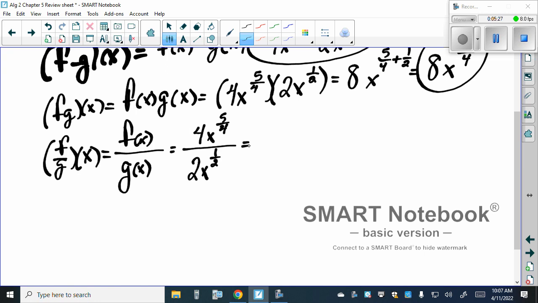Now at this point, we can simplify. 4 divided by 2 is 2. And when we have like bases being divided, we subtract the exponents. So we'd have 5/4 minus 1/2. Just like with the multiplication, we can plug this subtraction into the calculator to get our answer, and it should be 3/4.